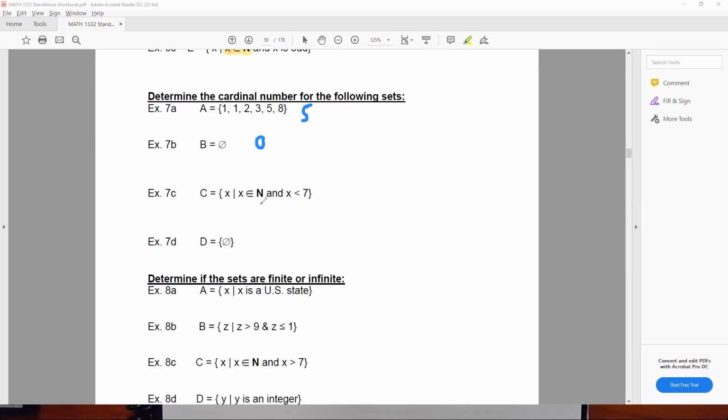It contains 1 element, an empty set. Sets can contain other sets. So yeah, that's fine. You can have a set of sets, I guess, which is weird. But anyway, that's all cardinal means, how many elements. Nothing crazy. Just don't let them mess with your head.